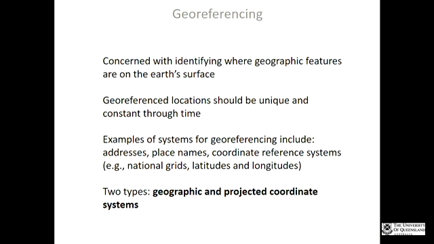If I said to you, "Where's New York?" most of you would have an idea where that is. Although often place names are not unique, so it's not strictly a very good georeference system. But what we're going to talk about are coordinate reference systems. These are defined in terms of places on the Earth's surface that are usually represented by some sort of coordinate, things like national grids, and latitudes and longitudes, which you would have heard of. But there are two types: geographic and projected coordinate systems.